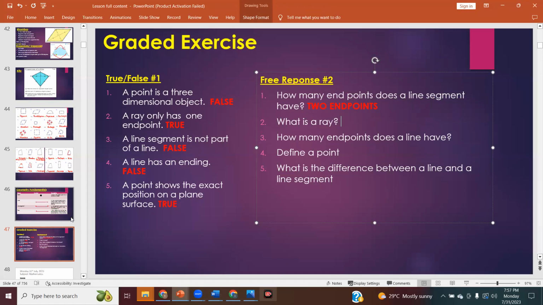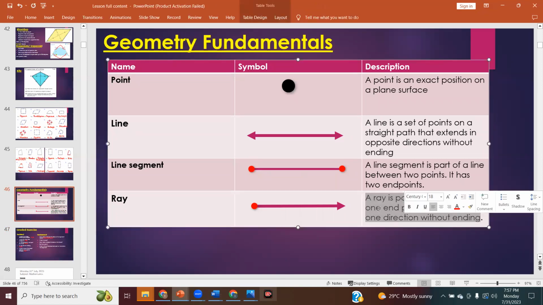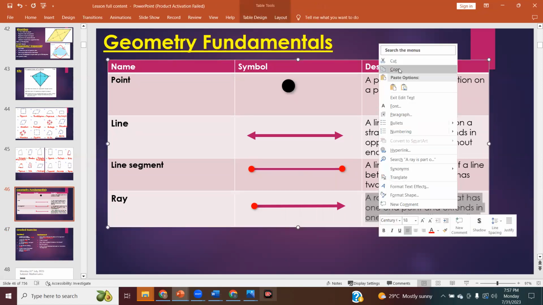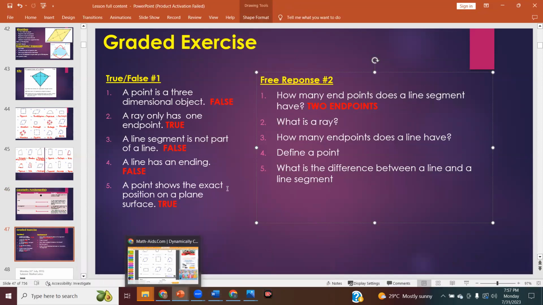A ray is a line that has one endpoint and extends. I want Julicia to tell me what a ray is. I gave the notes. I don't know why she's struggling to answer this question. A ray has one endpoint.